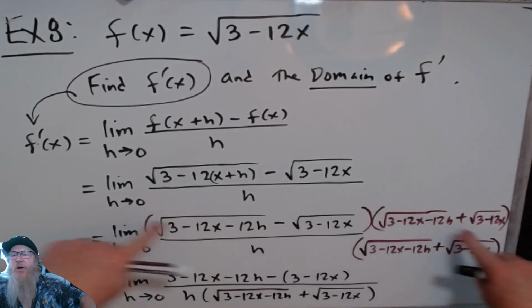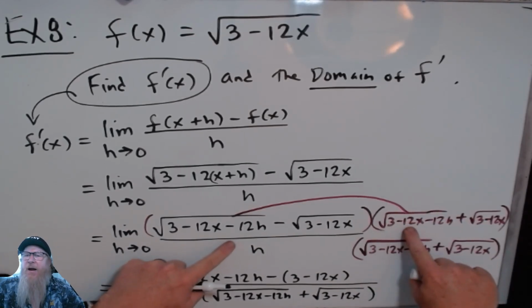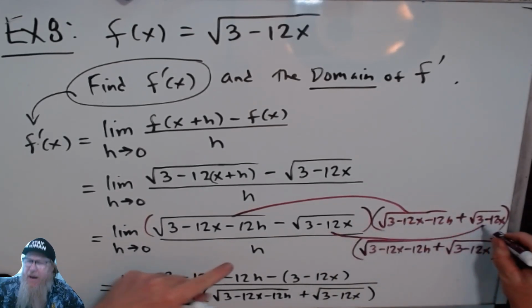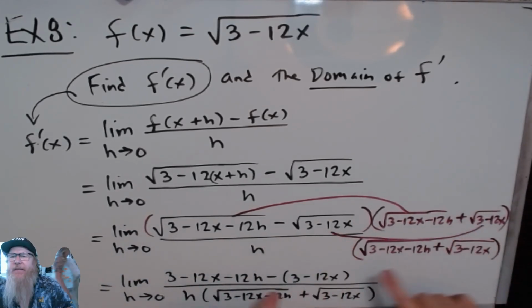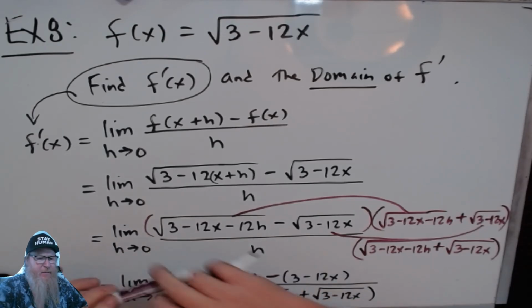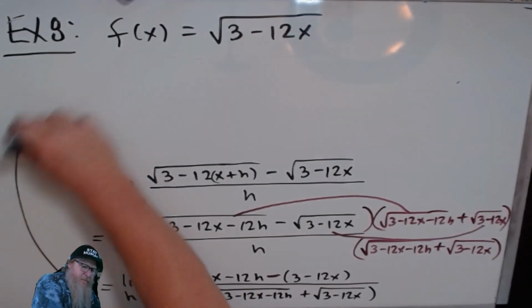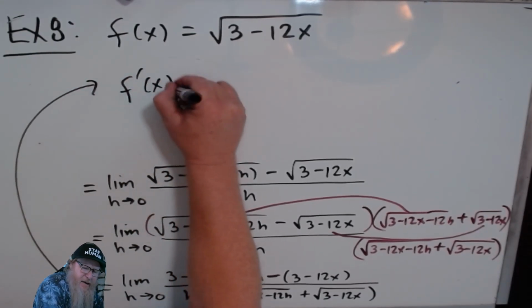Now, I didn't really show all the steps for the top because I've done this before. You do the first pair, and then you do the last pair. Be careful with this minus sign here because it's going to affect the plus and the minus signs. Coming back up here, we could wrap this up.